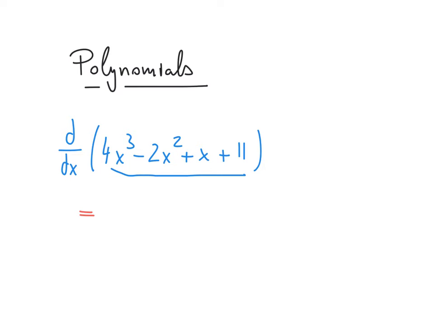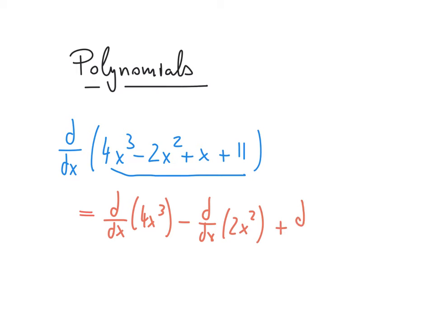So this would be d dx of 4x to the third minus d dx of 2x squared plus d dx of x plus d dx of 11.